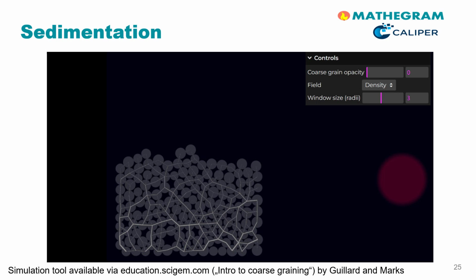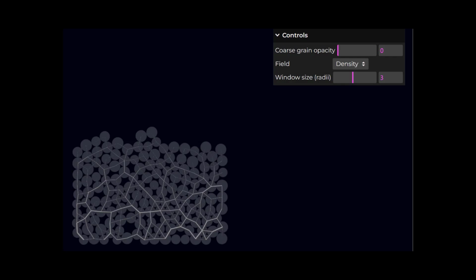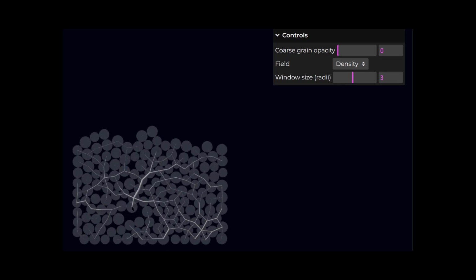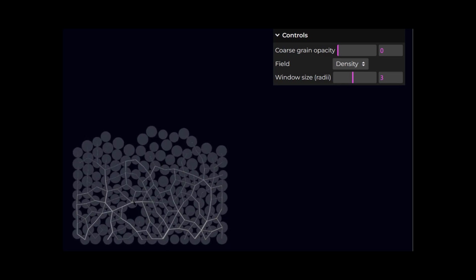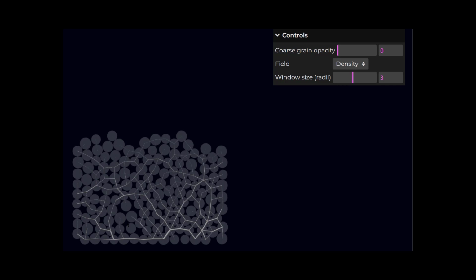Another important aspect of the DEM is the analysis of data. What we do here is to move with the mouse cursor individual particles in a bed of sedimented particles and observe the effect on the packing as well as the resulting normal forces.